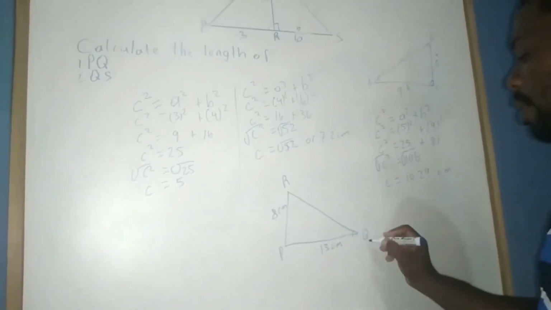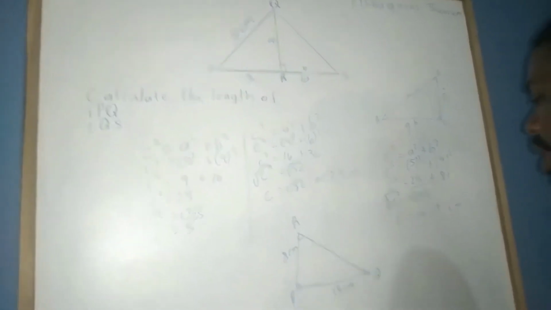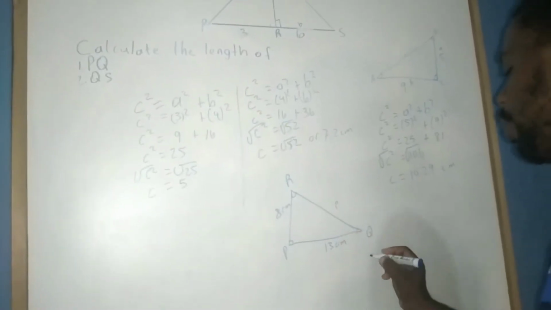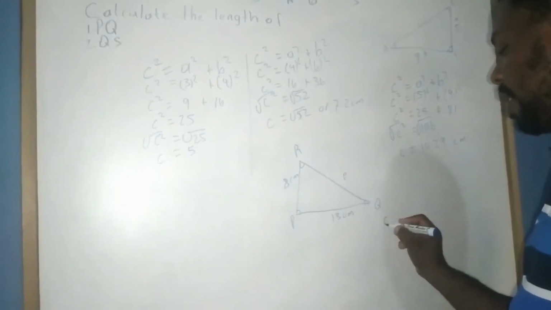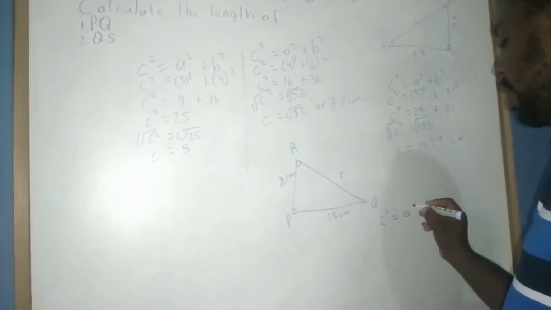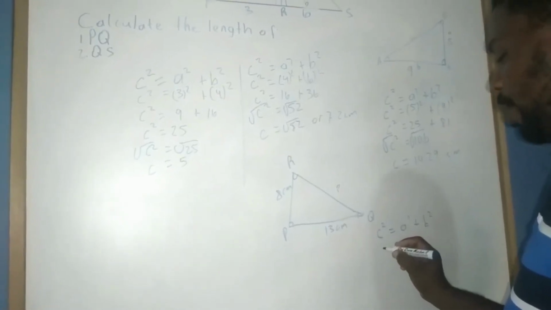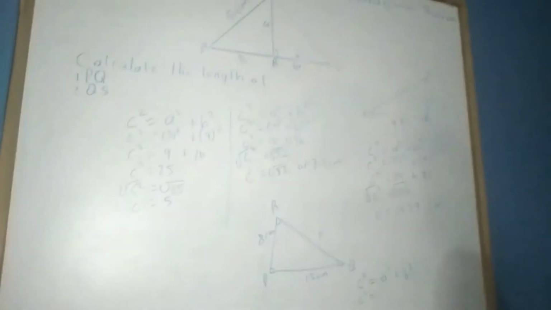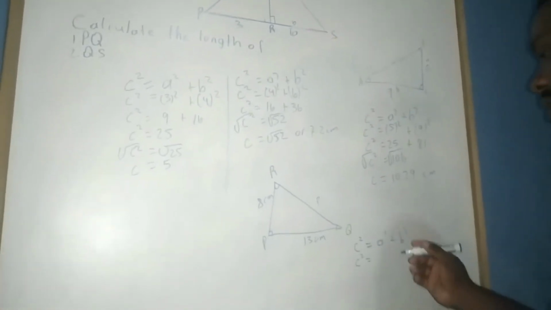This is angle Q, angle P, angle R, and we need to find the small p. We're going to use the same formula to keep in line with that. C squared is equal to A squared plus B squared. We know we can use different letters, but it helps to reinforce when we keep the formula the same.